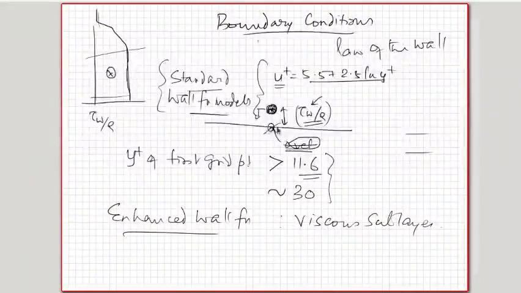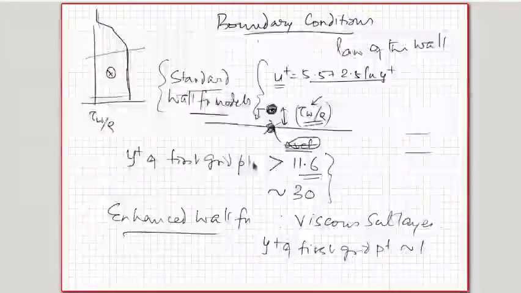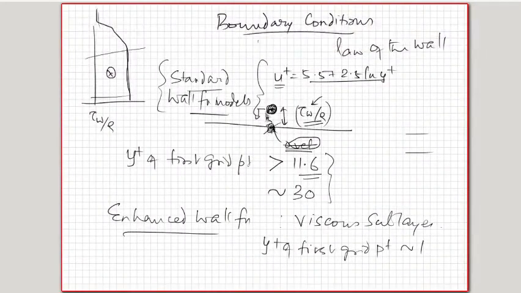In such a case, you specify that the wall velocity is 0, but the first grid point has to have a y plus of the order of 1. Your viscous sublayer should have at least 4 or 5 grid points in it, so that your no slip condition, v equal to 0 or u equal to 0 here, is correctly respected, and the enhanced wall function captures the wall shear stress correctly.